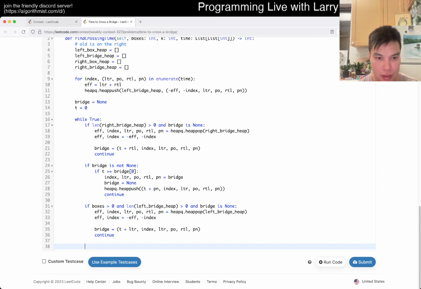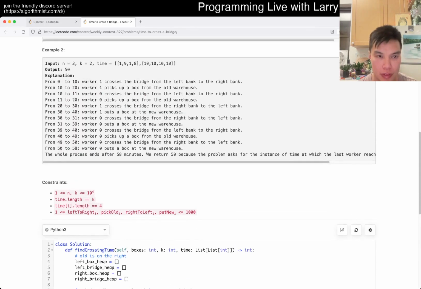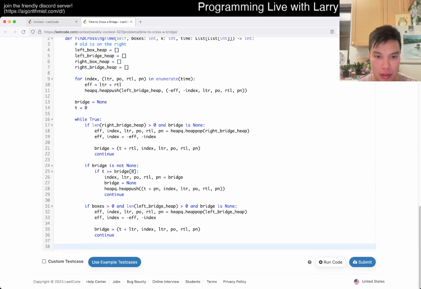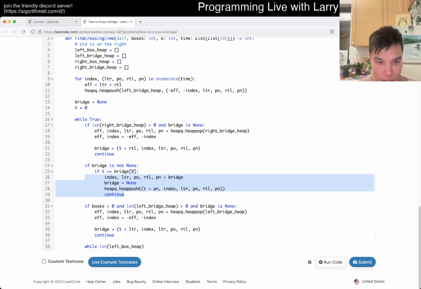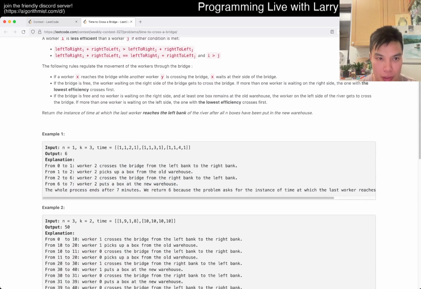Otherwise, we have to pick up and drop stuff. So basically, while length of left, I feel like, okay. Oh, this isn't quite right. And also I don't even push the heap, that's why this is not right. And the bridge can only be used from one direction.